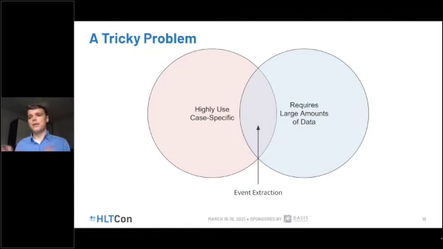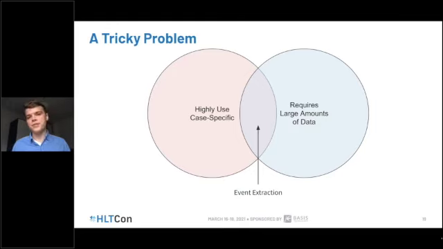Even just among a set of intelligence community customers, you would have very different needs from different organizations. And so that presents a really challenging practical issue for us, because now we have to collect these large data sets for all of these individual niche use cases, which becomes a really nasty combination for us.